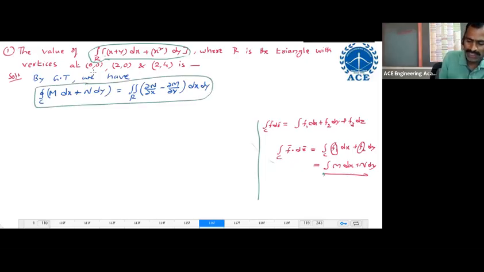Because of a closed curve and line integral, we are using Green's theorem. Now write the given integral in the form of the left hand side, and we convert the left hand side to the right hand side, that is line to double integral. Now the given integral. This is not R, this is only C, the integral over C.